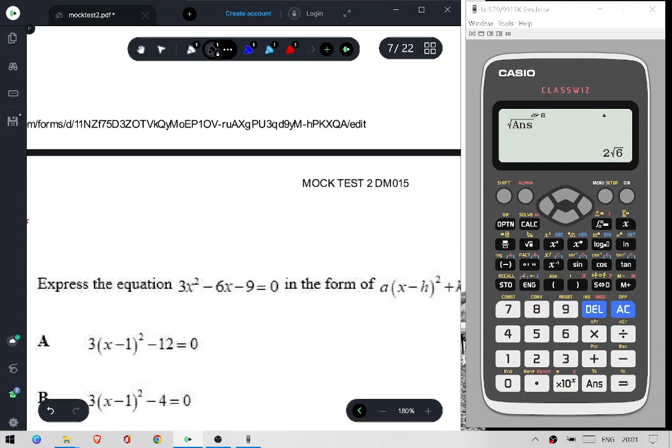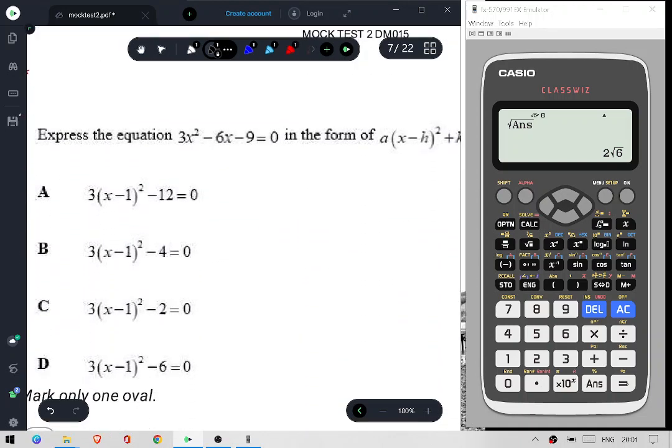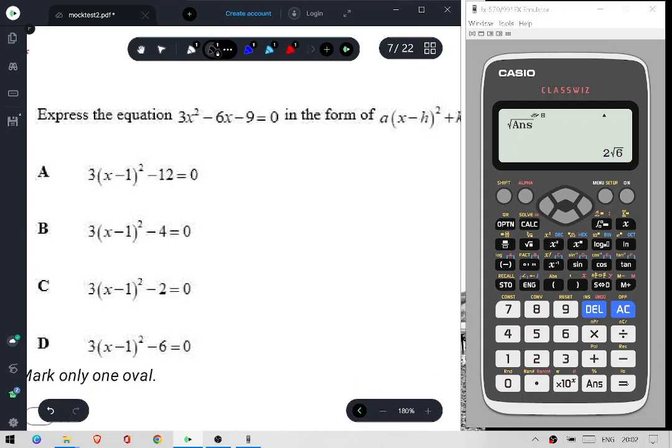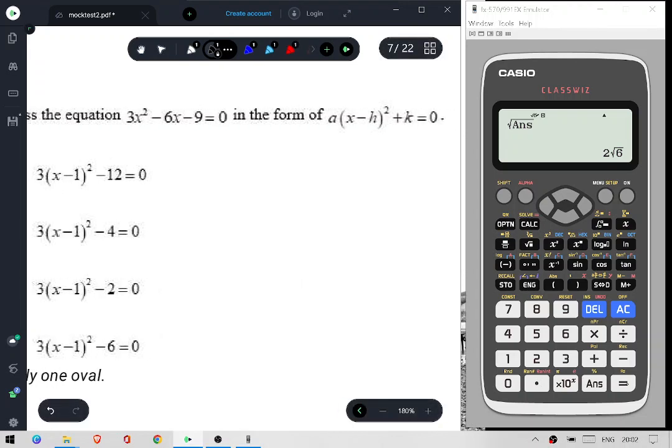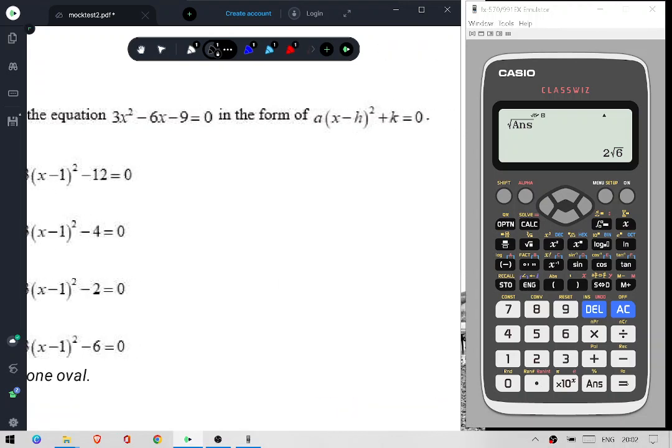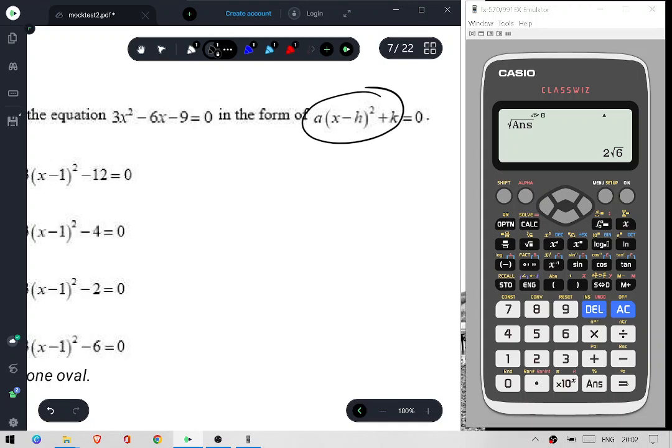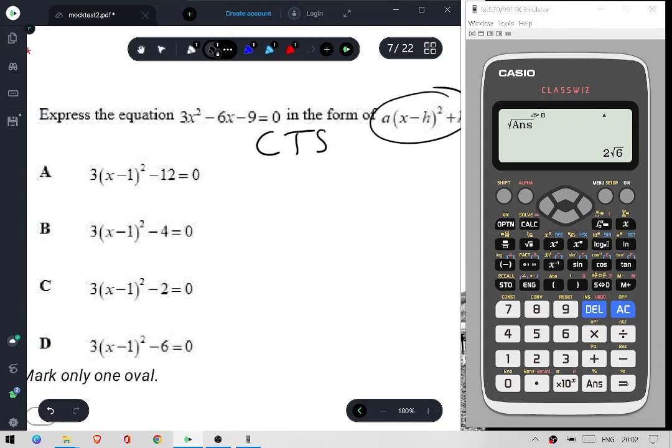Okay, next question. It's long. Express the equation 3x squared minus 6x minus 9 equals 0 in the form of 3(x minus h) squared plus k. Actually, this one asks for CTS, completing the square.